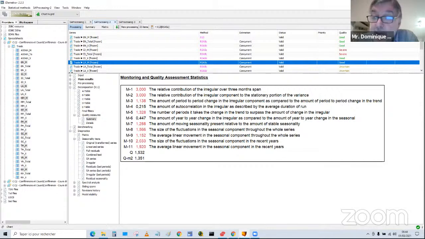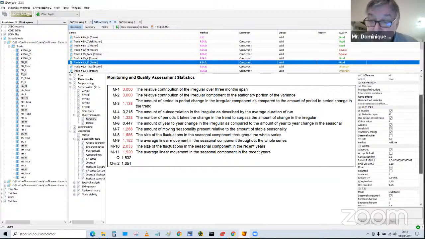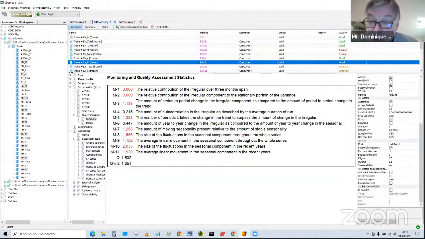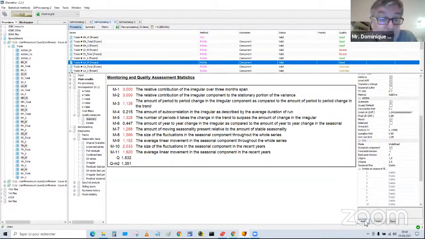Okay, we can try again to do something. If I try to go to a stable seasonal component, I'm not sure I can do it directly. Ah, yes, I can change it here. Let us choose the stable for everyone. So I take stable.